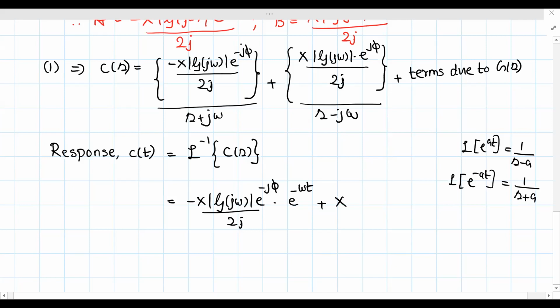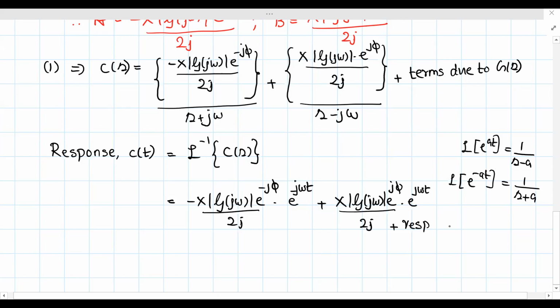from here we will get X into mod G(j omega) into e raised to j phi by 2j into e raised to j omega t, plus response terms.